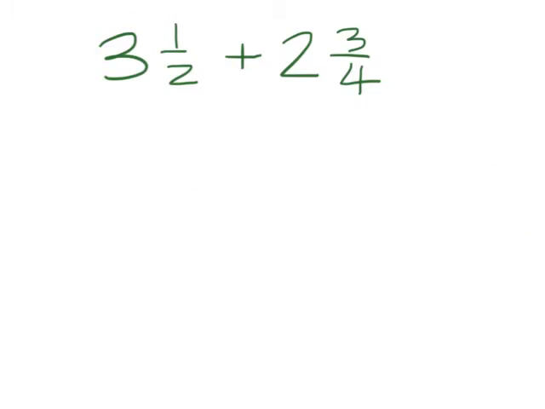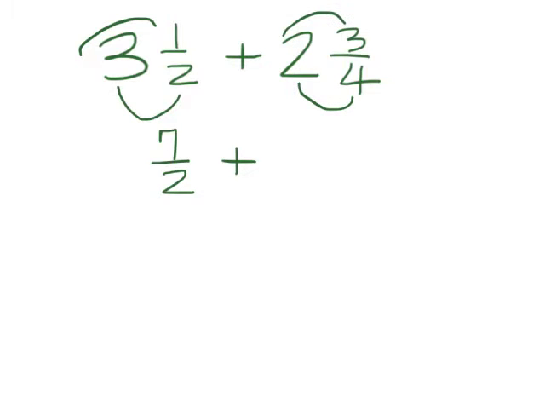What we want to do is add 3.5 and 2 3/4. To do that, you have to change both of these mixed numbers into improper fractions first. To go from a mixed number to an improper fraction, I do 2 times 3 is 6, plus 1 is 7. And then for the other one, 4 times 2 is 8, plus 3 is 11.